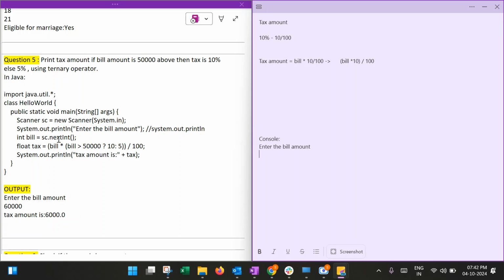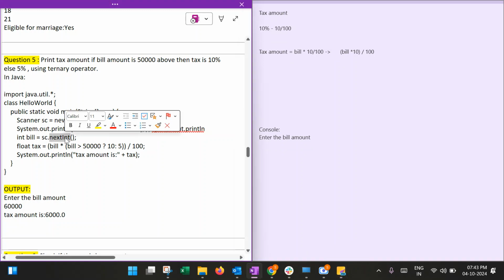Then it is taking the arguments from the console. Next, we are calling the nextInt function because we want to take the integer value. Okay, sc.nextInt, and we are placing that integer value into the bill variable.